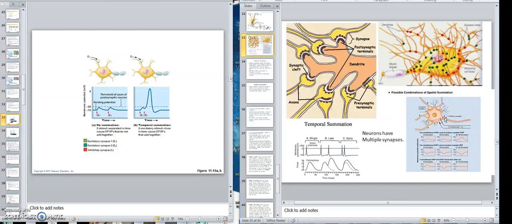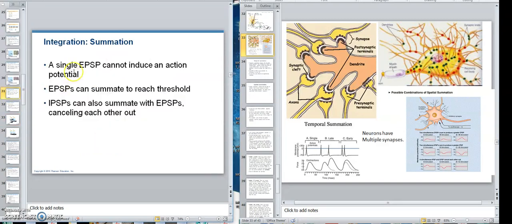Now, the only thing I'm going to say is, no matter how fast one fires, it is absolutely true that a single EPSP cannot. That means that even if you only had this one coming in, and all the others not firing, he still would not have enough, no matter how fast he fires, to make this neuron reach threshold.